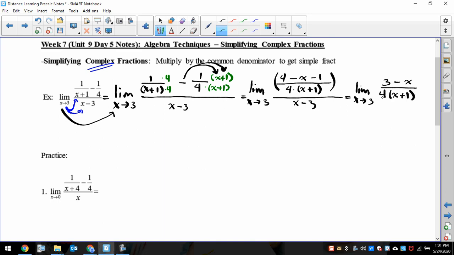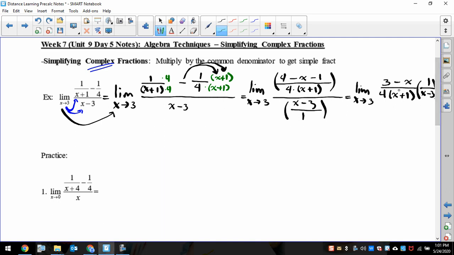I'm going to leave this 4 times x plus 1 expanded, but I am going to multiply by the reciprocal of this fraction in the denominator. Notice this x minus 3 in the denominator doesn't look like a fraction, but we can turn it into one by writing a fraction bar and putting it over 1. So now it's a fraction. And then if I just multiply by that reciprocal, this is going to flip it, so x minus 3.